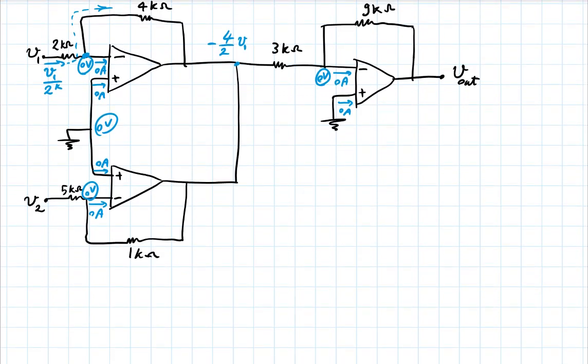Now, we have the same situation on this side, so we have V2 over 5K here, which will go through here. And so here we'll have minus one over 5 V2.